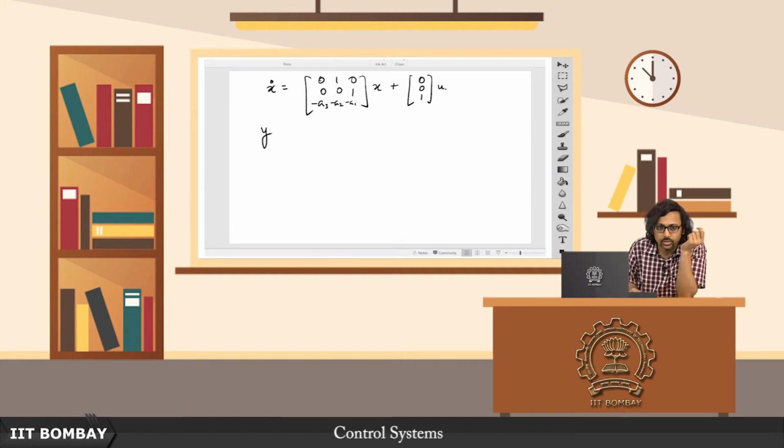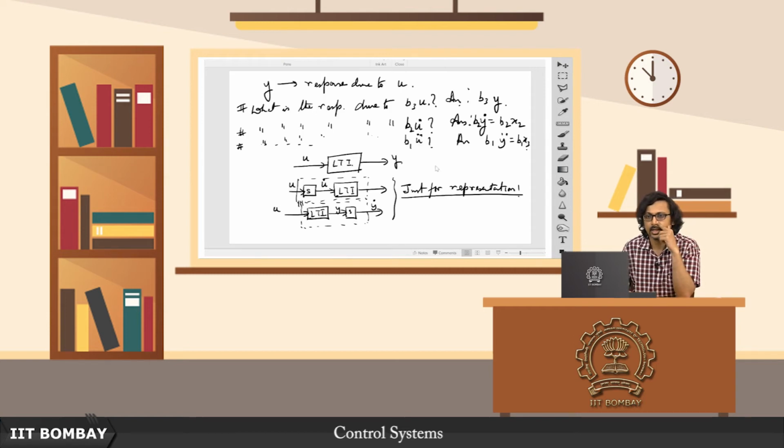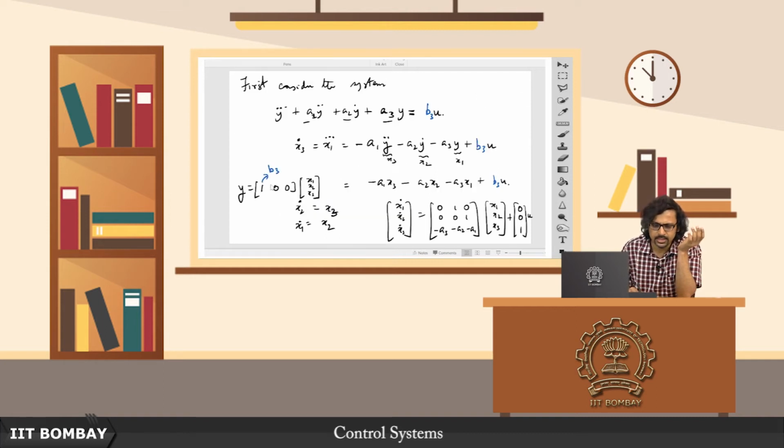The only change that is going to come about because of these terms being present is, notice that you are going to have b2 times x2, b1 times x3 and b3 times x1. So earlier when you had just this one acting, you had these two entries as 0, but now they will also have non-zero entries.